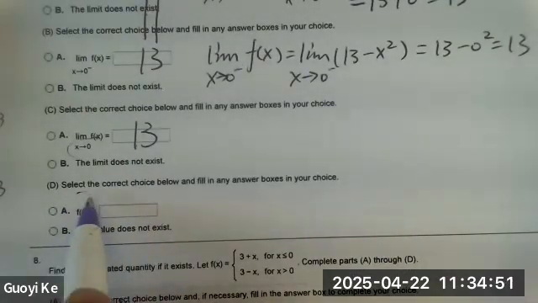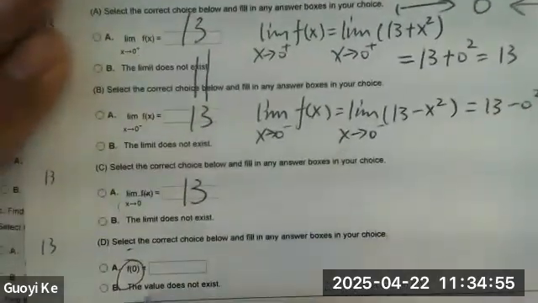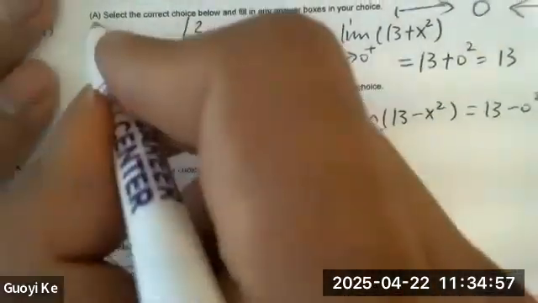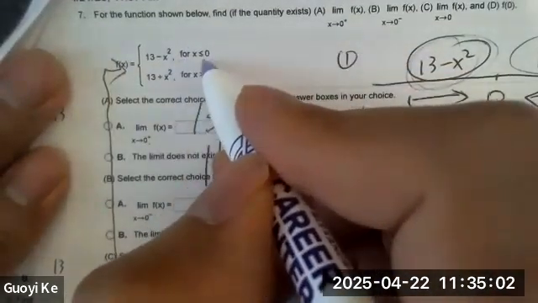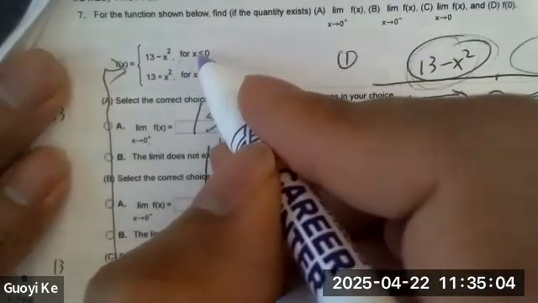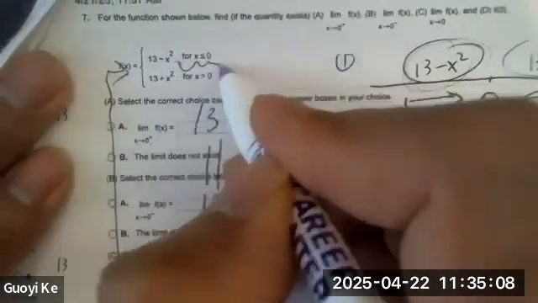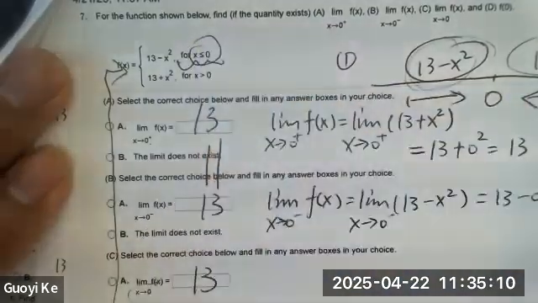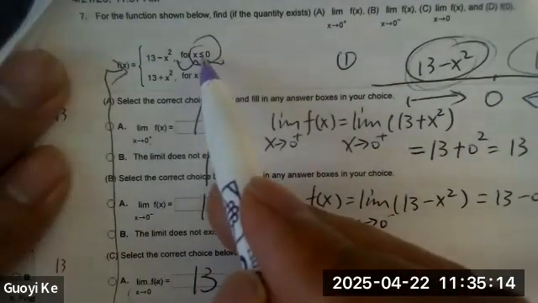Next, find f(0). How to find f(0)? We go back to the original function. Which piece of the function includes x equals 0? This one. This piece includes x equals 0.